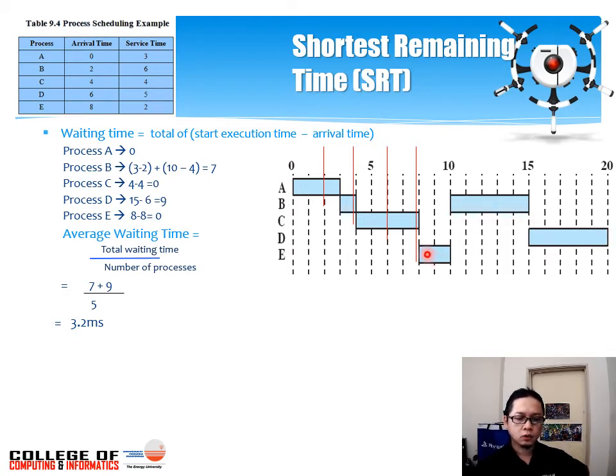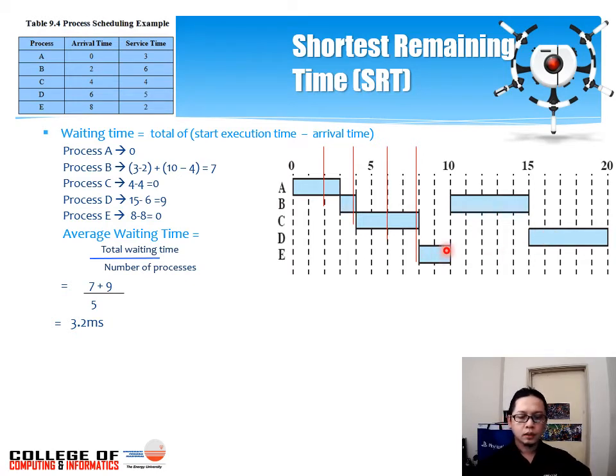So after executing one slice, again, we need to compare E, B, and D. Between them, E remains the shortest remaining time while B still has 5, D still has 5. So E finishes execution.